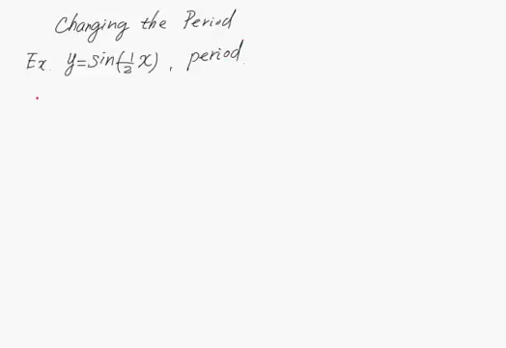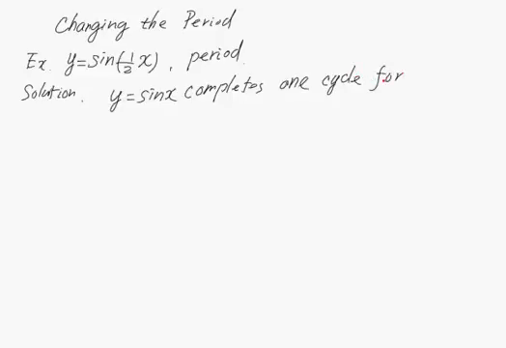So first, we know the basic sine function y equal to sine x completes one cycle for x between 0 and 2 pi. So now, let's see for what values of x this new function completes its one cycle.